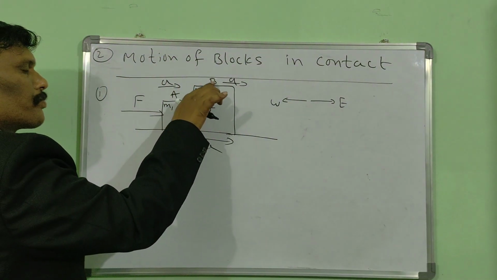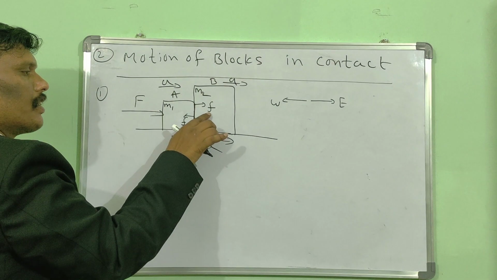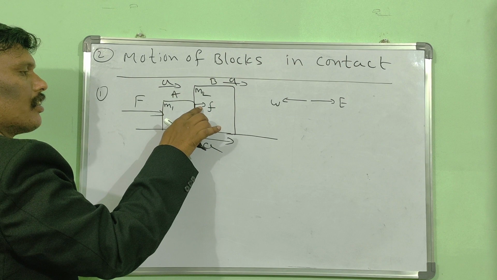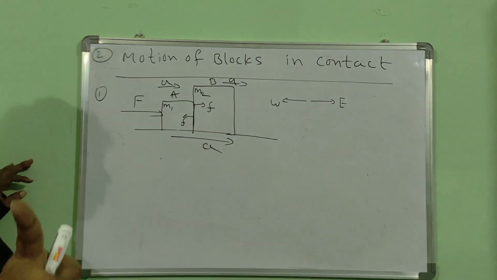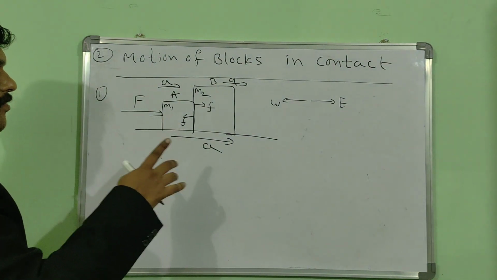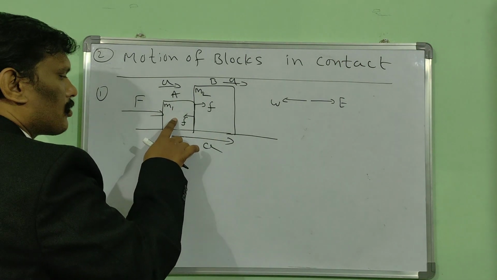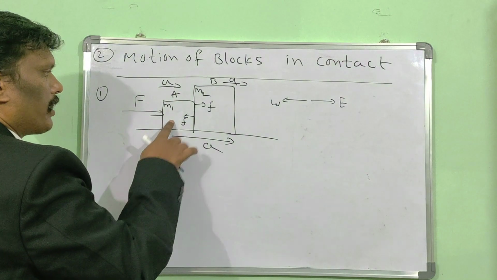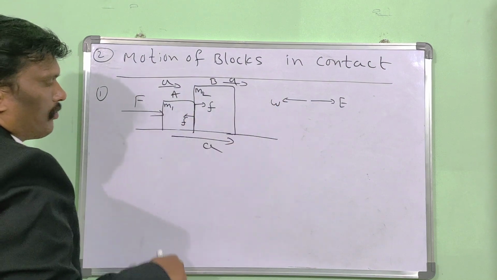According to Newton's third law, the force experienced by block A is also f but in the opposite direction, that is west.